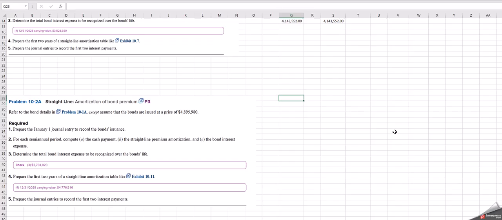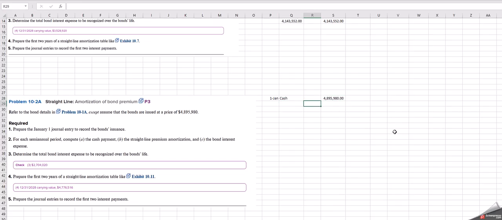So prepare our journal entry when we issue the bond out. And in this case, instead of selling it at a discount, we're getting it at a premium. So cash comes in for $4,895,980.